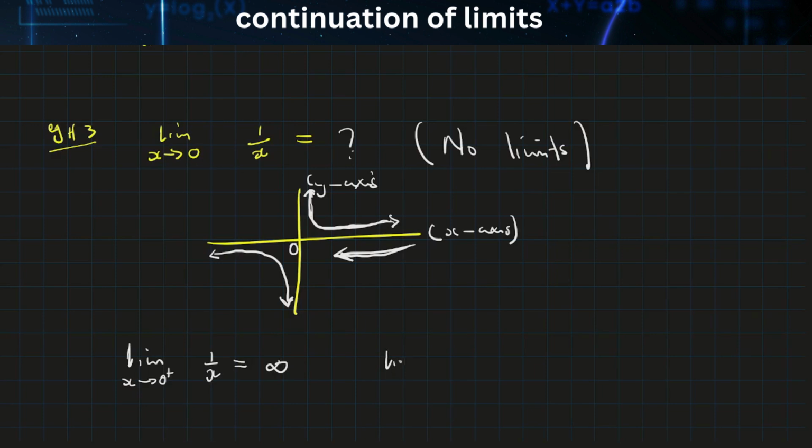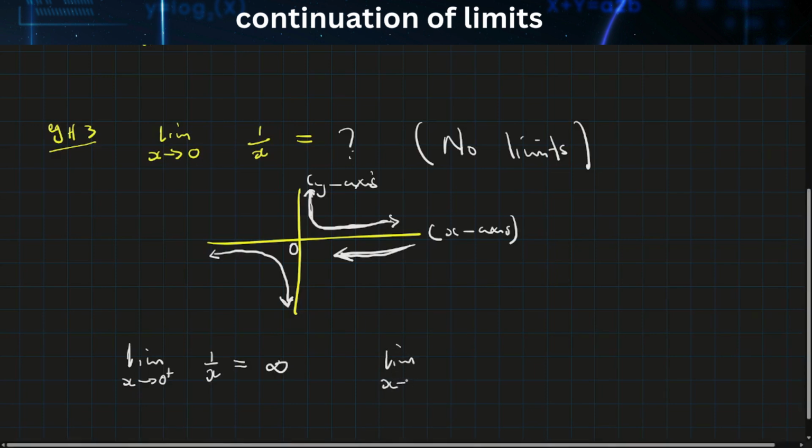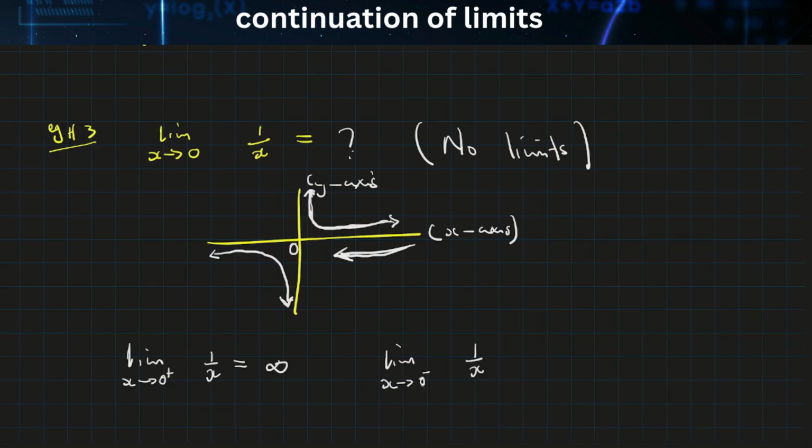And as x approaches 0 from the negative side, is it getting big or getting small? We're going to see it's getting small, so it's getting in the direction of negative infinity. You get the sense? So that's why we say there is no limit on this.